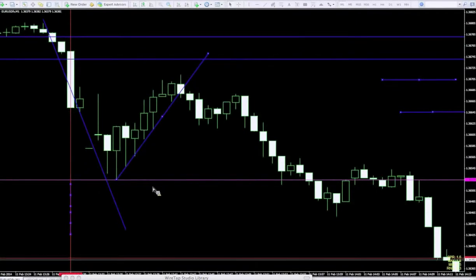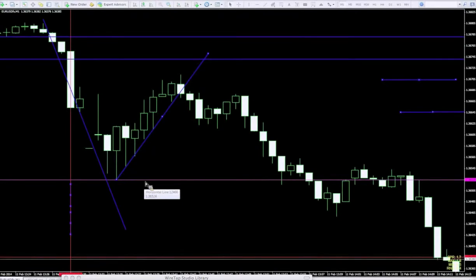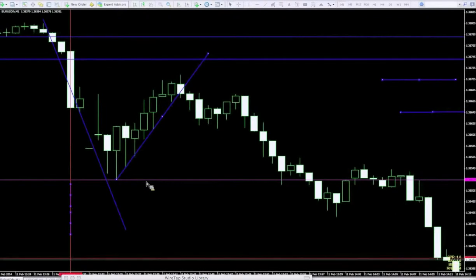Jay is asking, how do we know this pullback is continuous going high? I think you're asking me how do you know how far the pullback will go? Is that what you're getting at, Jay? Right. Nobody knows. It's impossible to know. We have guidelines that we could use, but nobody knows where the very next tick is going to go in this market. Nobody knows where the very next pip is going to go. We have guidelines and we have probabilities that we can look at.